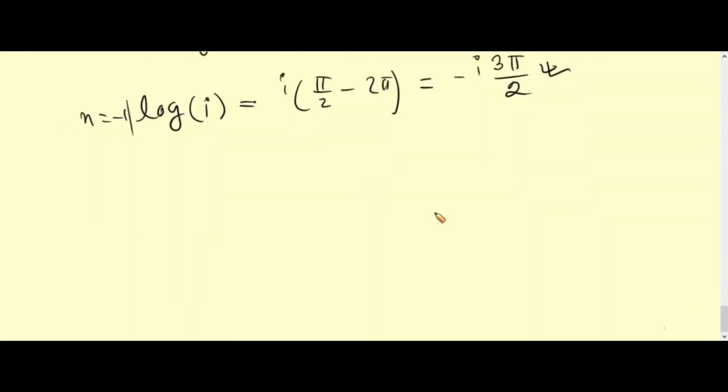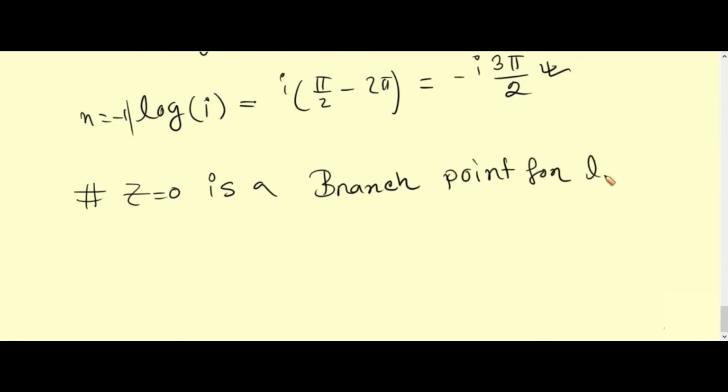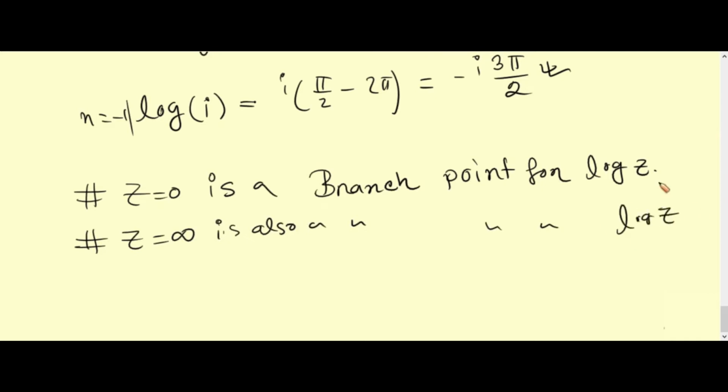So let's write that down. z equals 0 is a branch point for log z. Similarly, you can think of z equals infinity as also a branch point for log z.